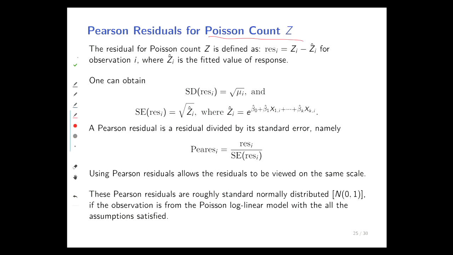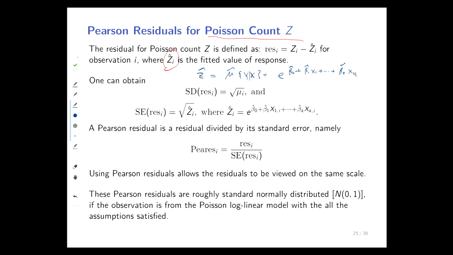So we also have the fitted value, if you still remember. So that ẑ is actually the fitted value. How to obtain the fitted value? The fitted value ẑ equals the estimated mean of response y given x, which is the exponential of beta 0 hat plus beta 1 hat x1, and so on, plus beta k hat xk.